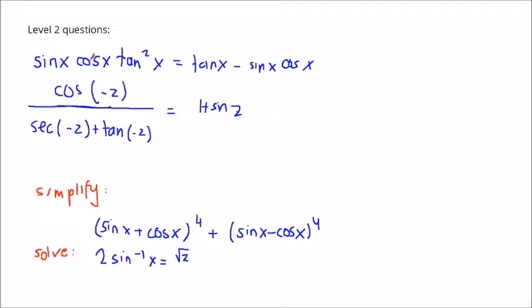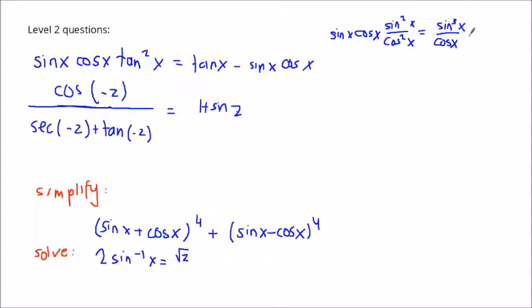So we have sine x cosine x tan squared x equal to tan x minus sine x cosine x. So what I advise to do first is, if you see a bunch of trigonometric functions like this, just convert into sines and cosines. So let's do that. Right, like this. And then this is equal to sine to the third power x over cosine x.